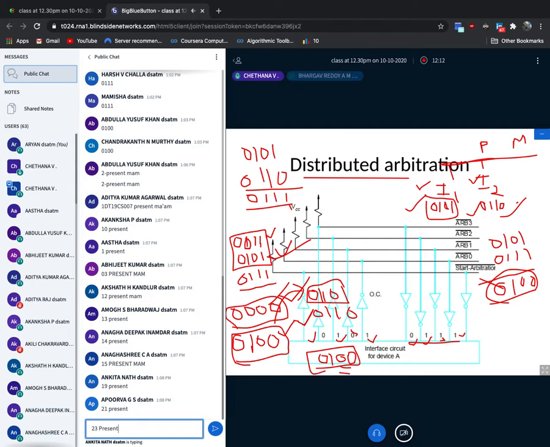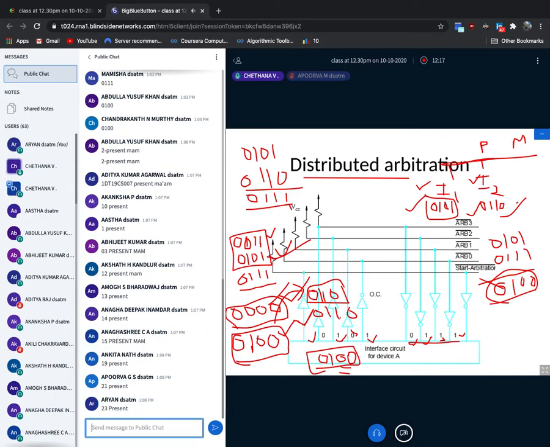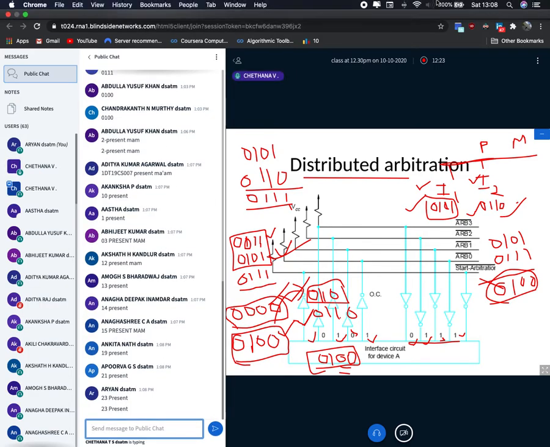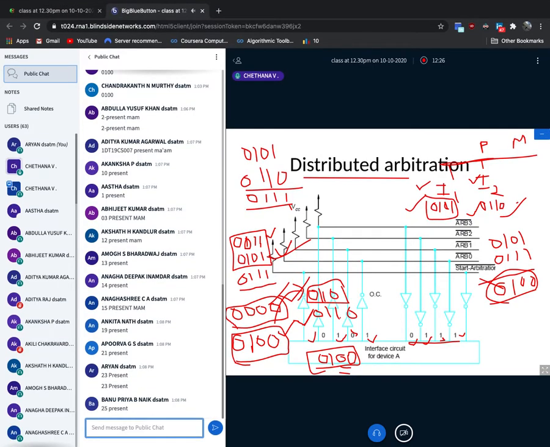Apurva M. Present, ma'am. Apurva M. Present, ma'am. Okay, Aryan. Okay, Aryan. Okay, Azim. Bhanupriya. Okay, Bhargav. Sriharsh. Okay. Rishita. Bhargav present. Rishita. Sriharsh. Rakshit. Okay, Rakshit.